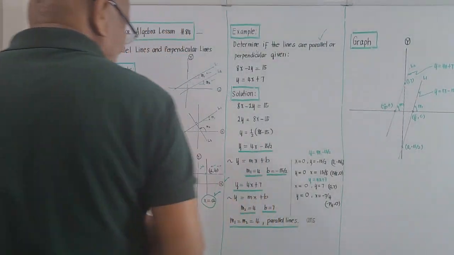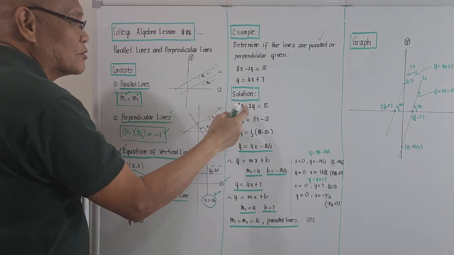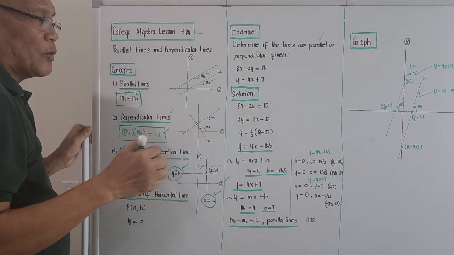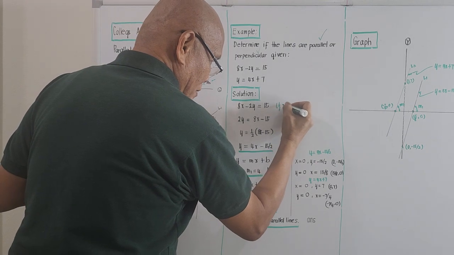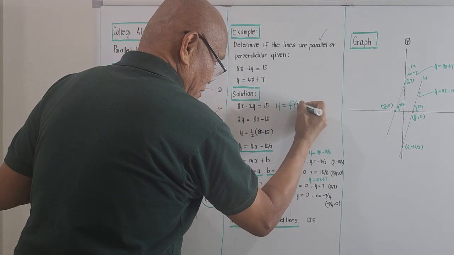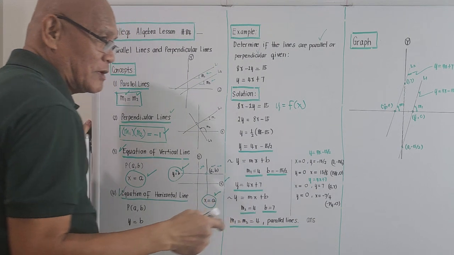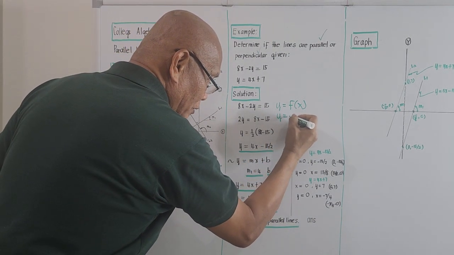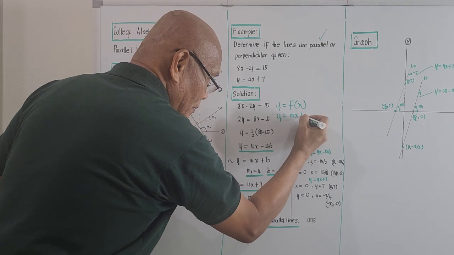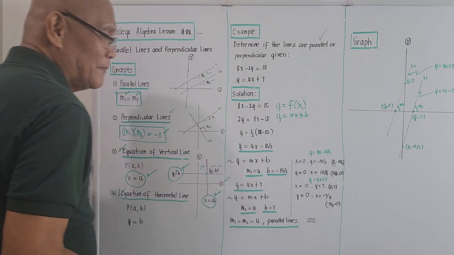We will get equation number 1. 8x minus 2y equal to 15. We'll try to solve for y as a function of x, because we are attempting to produce an equation y is equal to mx plus b, right?